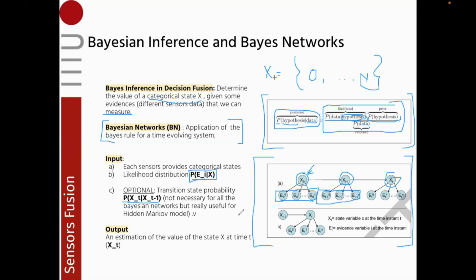So the probability that we are in a certain state at time t, given the fact that we know that at time t minus 1 we were in another state. This is a specific case of Bayesian network called hidden Markov model, but we will see this later. As we said, what we want as output is an estimation, a categorical state again, x of t.